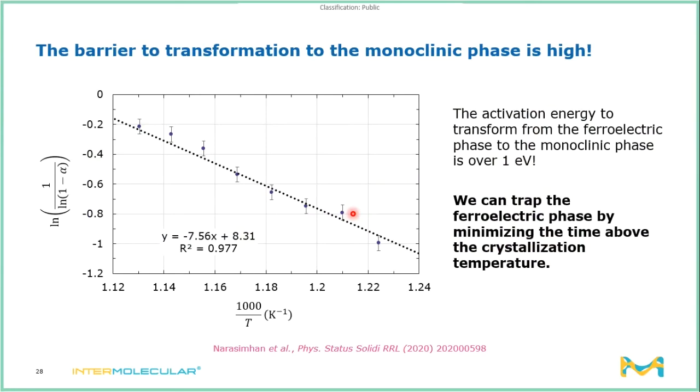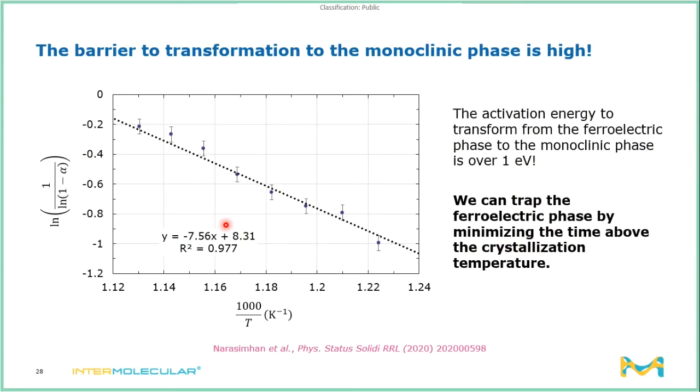From this diagram, we're able to extract a straight line, and then model an energy barrier. What is the barrier that's preventing this sample from transitioning from the orthorhombic phase to the monoclinic phase? In doing this analysis, we found that that barrier is really high. It's over 1 electron volt.